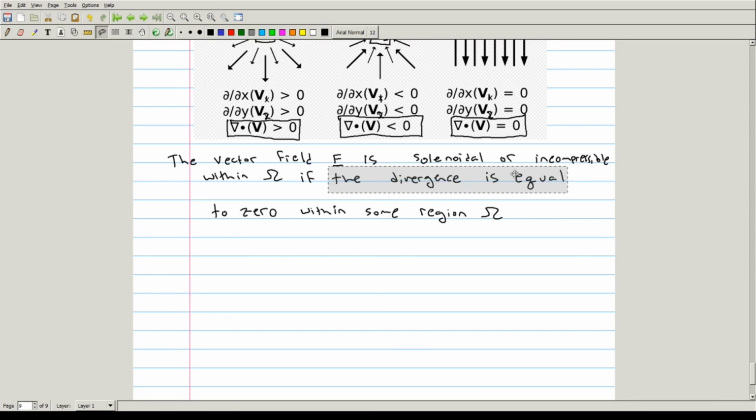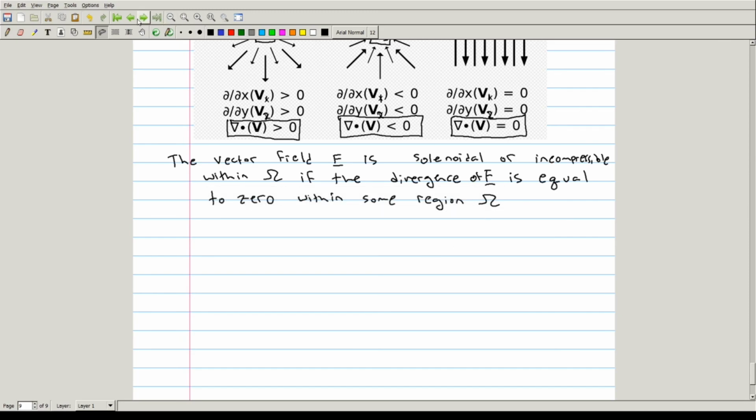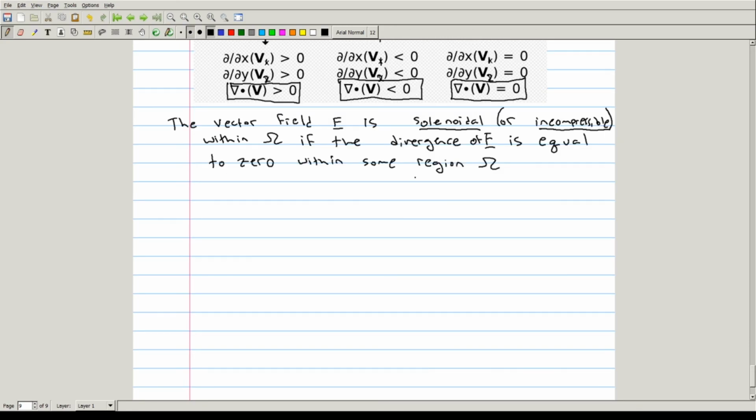And I'll be specific here, we'll say the divergence of F, of the vector field F. This makes a lot of sense in a lot of ways. So we'll include solenoidal as the main definition here, but incompressible is also a good way of thinking of this. The vector field F is solenoidal within Omega if the divergence of F is equal to 0 within some region Omega.